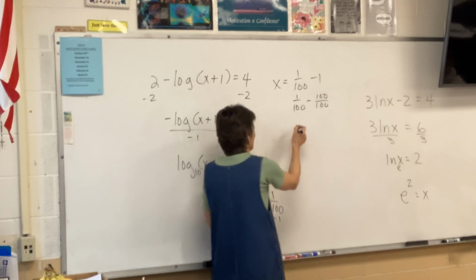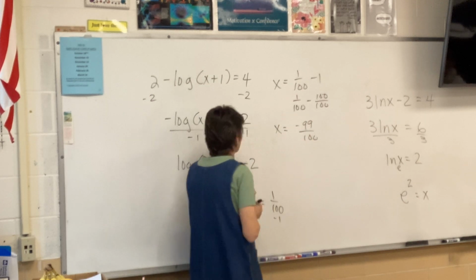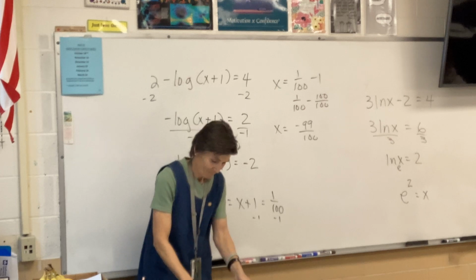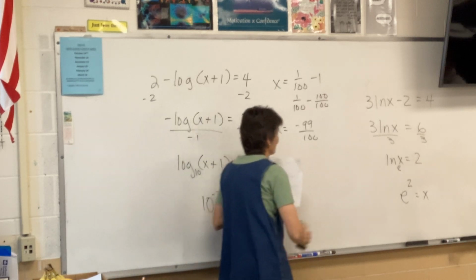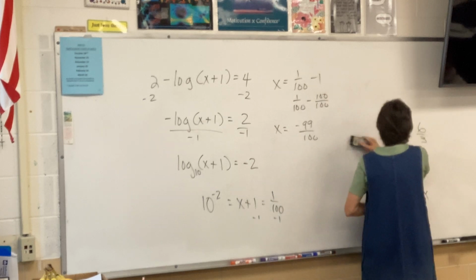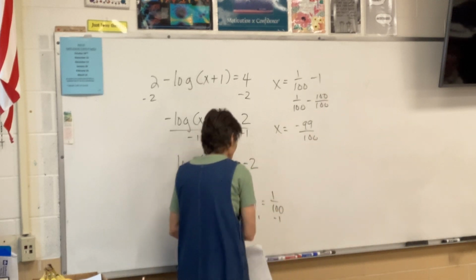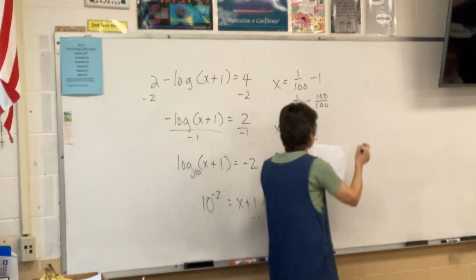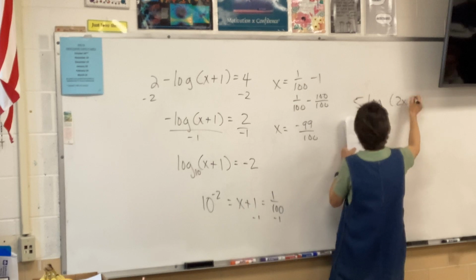Negative 99 over 100. There's your answer. Don't let the arithmetic mess you up. You guys are smart. You can figure this out. Just be patient.